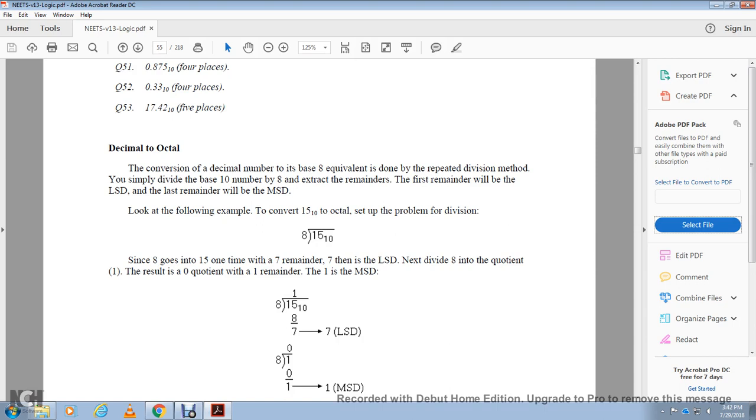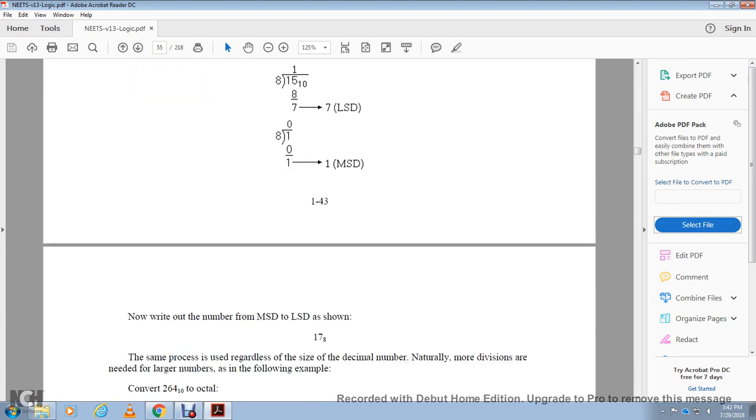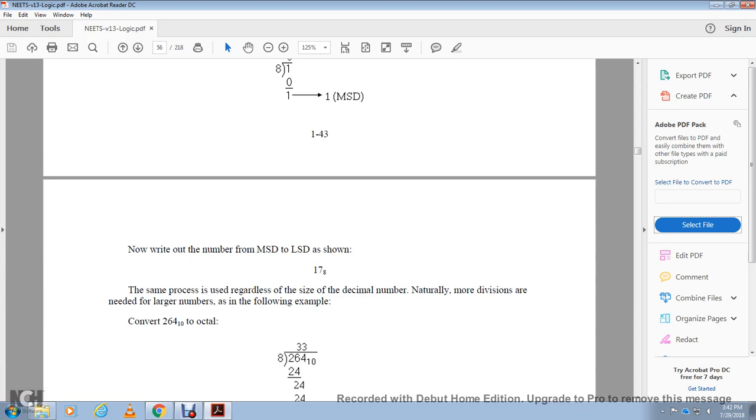Then you have 1 left over, which is the most significant digit. So you'd have 17 in base 8. Same process regardless of the size of the decimal number. Naturally, more divisions are needed for larger numbers.